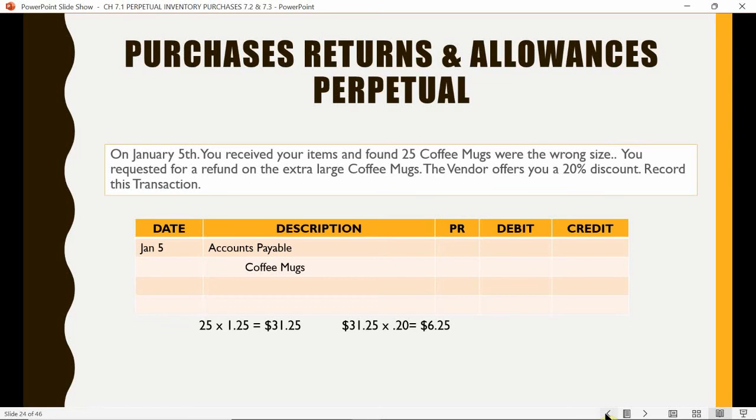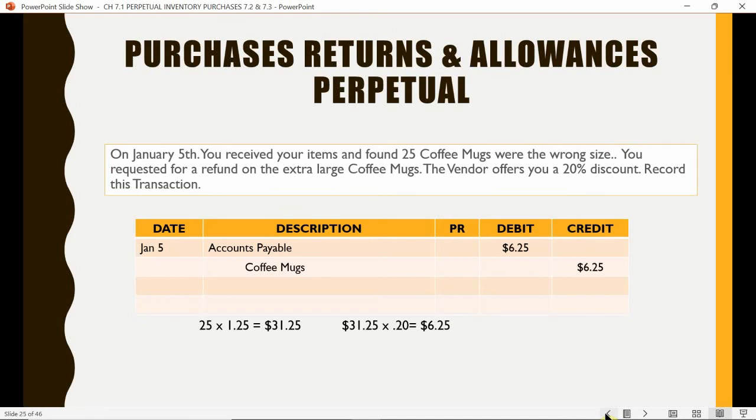Since I'm getting a 20% discount, I need to figure out what those 25 mugs at $1.25 came to. It was $31.25, and I need to figure out what 20% of that is. That's the refund I'm getting. I'm only getting a portion of the money back. So in this case, 20% of $31.25 gives you $6.25.